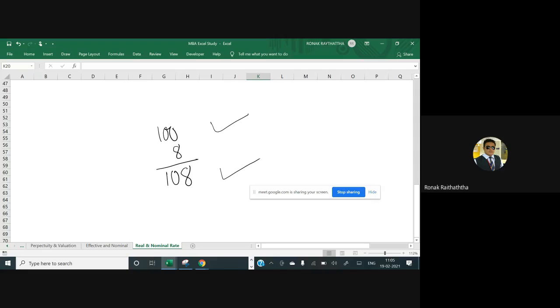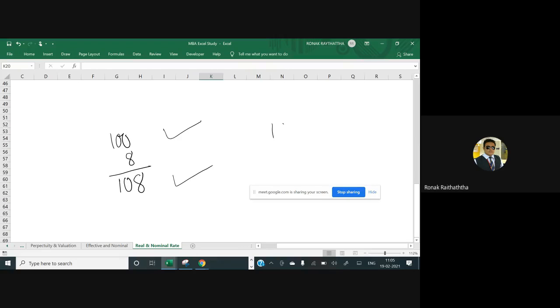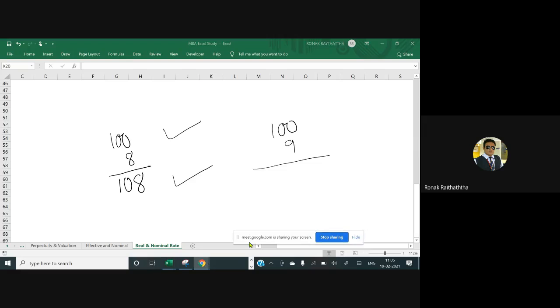You are spending more. The problem is, say if you had invested 100 rupees somewhere and that 100 rupees would have got 9% return, so you would have 9 rupees at the end of the year and the entire fund value would be 109, right? So effectively what's your earning in this case?